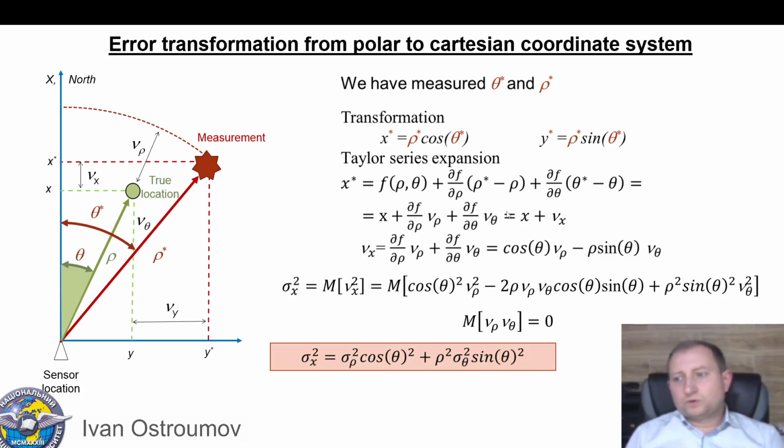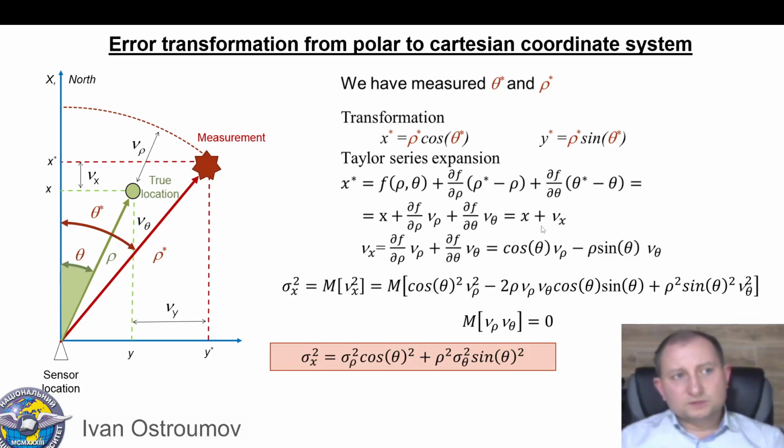And in the more welcome form, we can represent it as x plus error by x. In this case, all of that, it is a value of error by x.